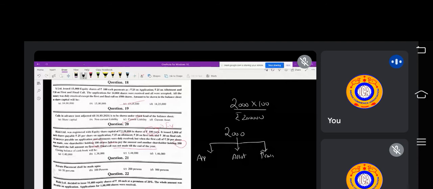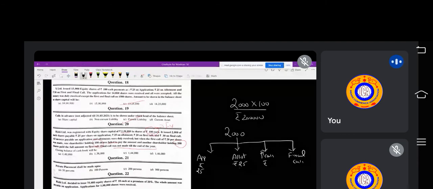So this is the breakdown. Now let me fill the values. On application the amount is rupees 25, on allotment again 25 rupees, on first call an amount of rupees 20, and on final call it is 30 rupees.